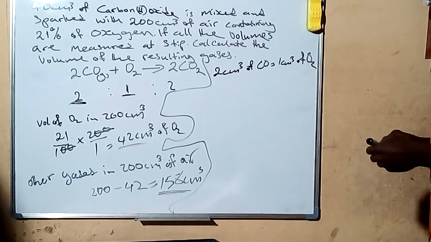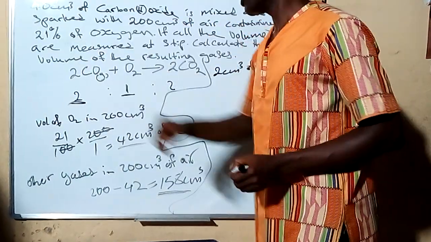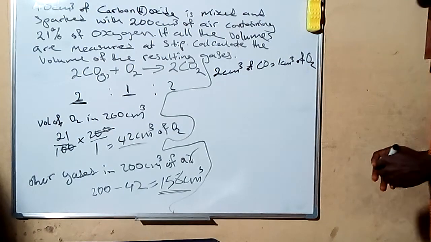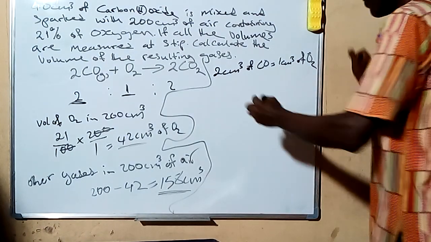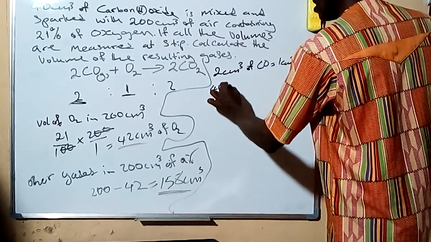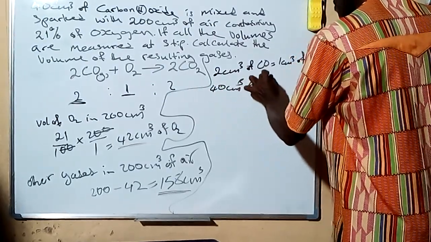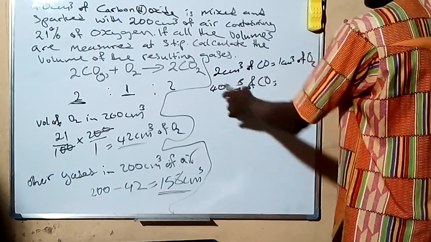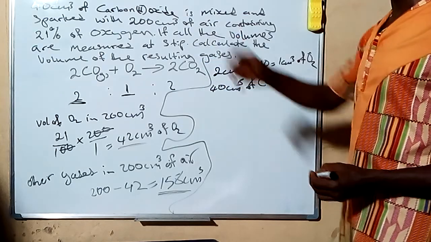So that means since we have 40 cm³ of carbon(II) oxide, we're going to find out what will happen here, because the 40 cm³ is going to react completely.